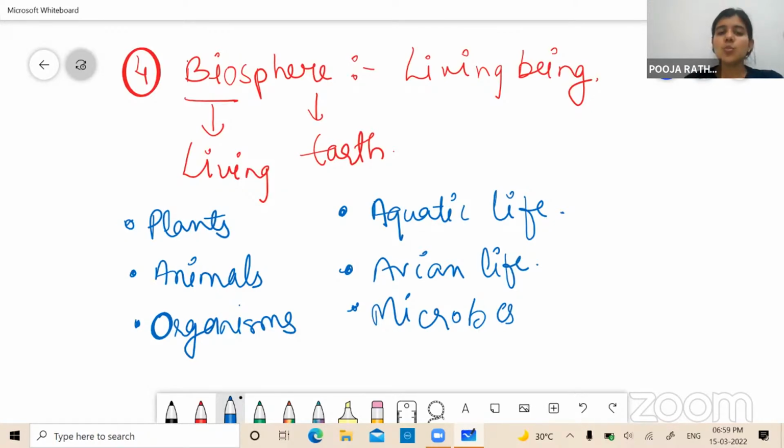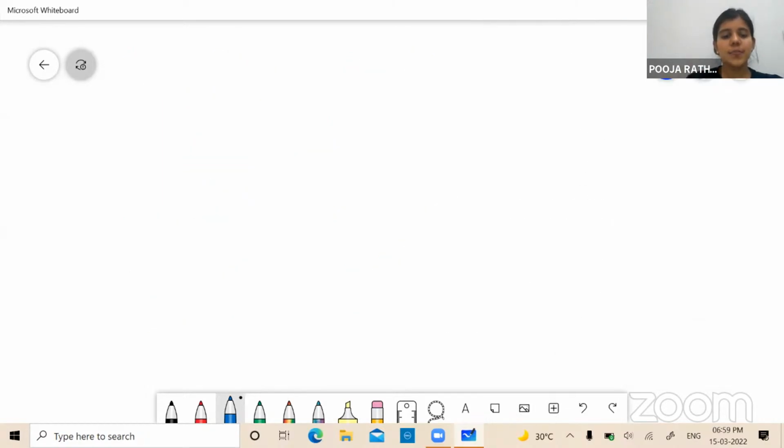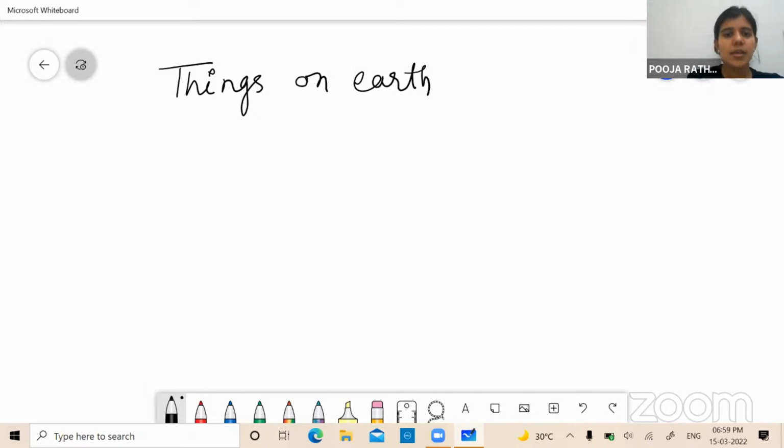Now, biosphere contains mostly the living beings. But our earth has two types of things mainly. What are the two types of things on earth? One is biotic things and the second one is abiotic.